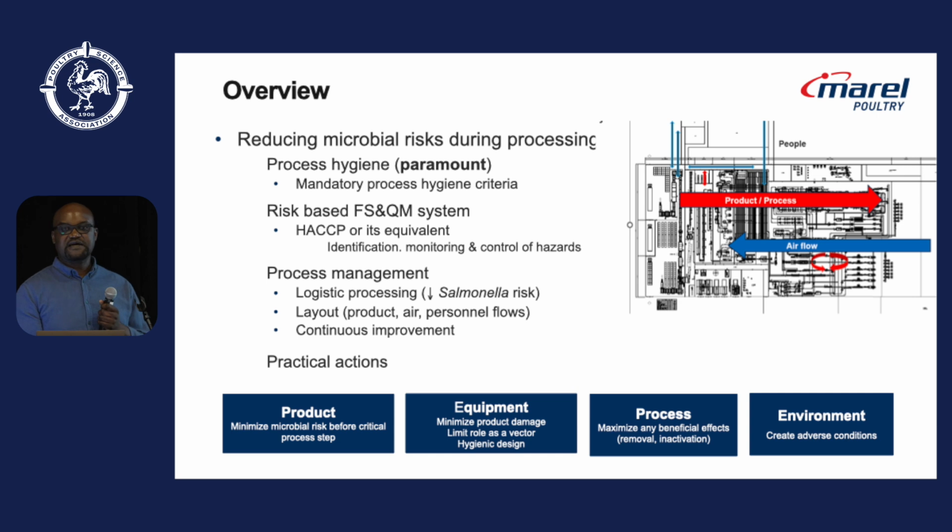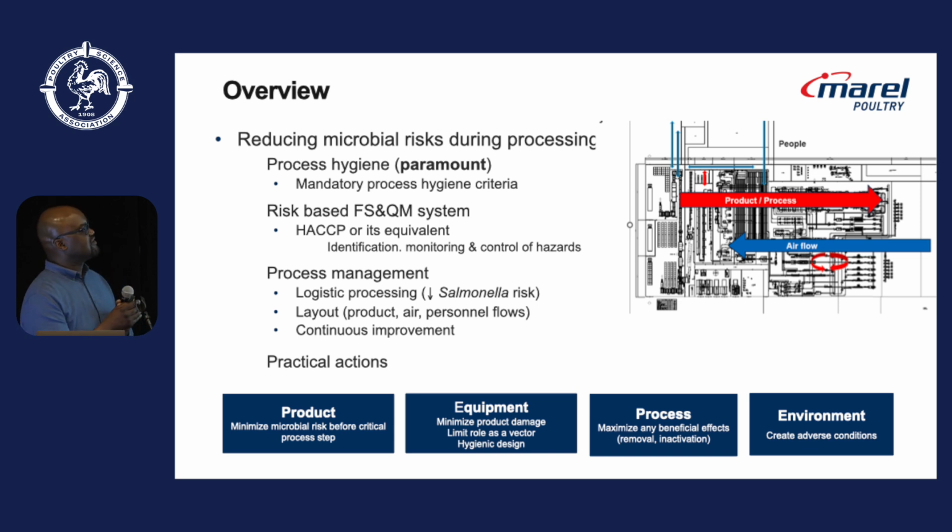Also, the layout of the plant is an example of how you can reduce your microbial risk or risk of contamination. In this case, important are your product flow, your airflow, and your personnel flows. I've included here a small picture that shows you, for instance, that airflow and product flow are in opposite directions.